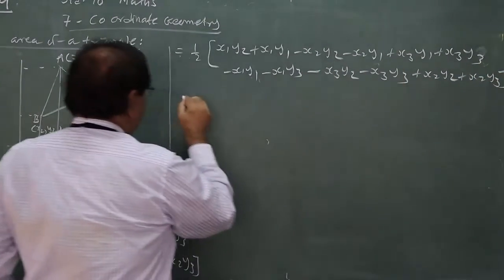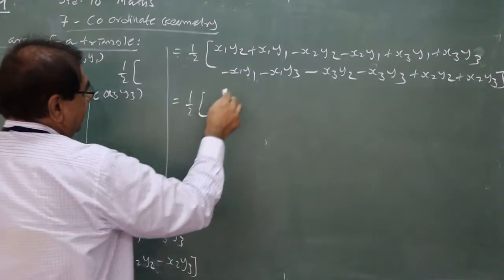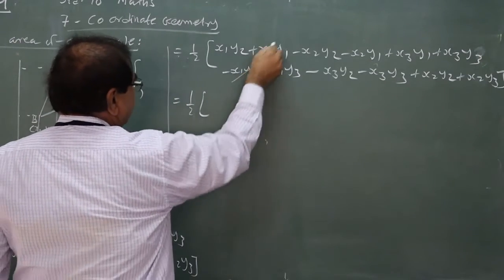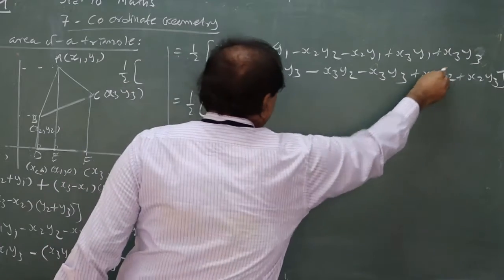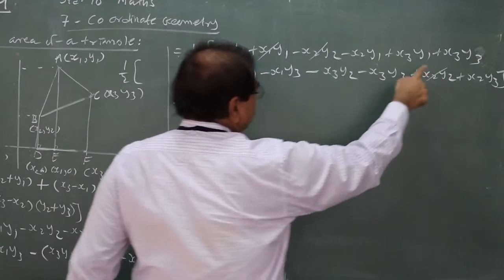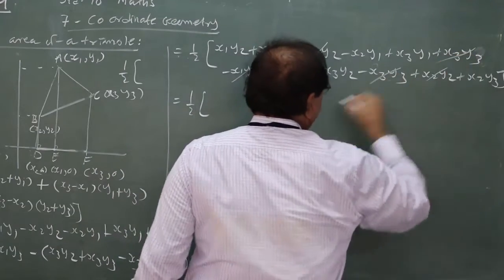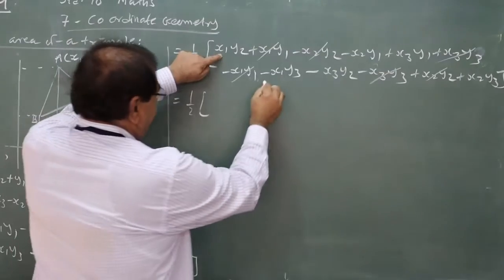Okay, now simplified, 1/2 common. What cancels? Again we check: x1 y1 plus and x1 y1 minus, x2 y2 minus and x2 y2 plus, x3 y3 plus and x3 y3 minus. These are gone. Now x1 is here and x1 is here.